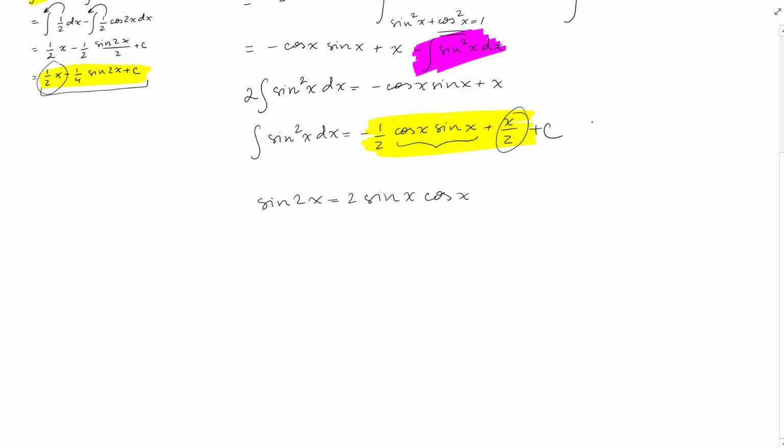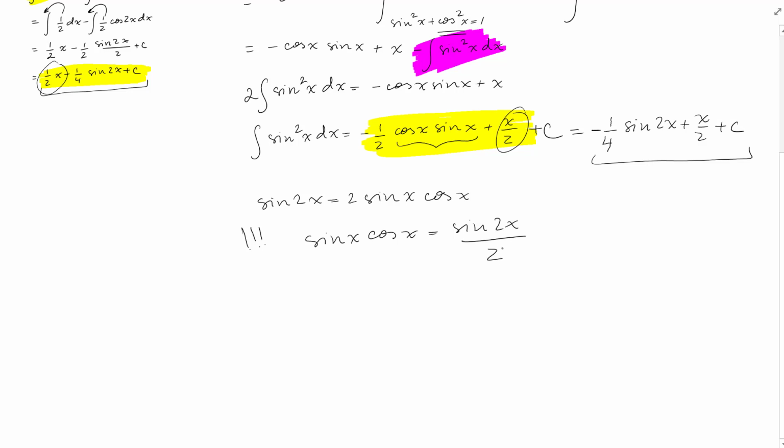So this answer can be written negative 1/4 sine of 2x plus x over 2 plus c. So now they are identical. So just again, sine of x cosine of x equals sine of 2x over 2. So replacing this in here, that's how we get negative 1/4.